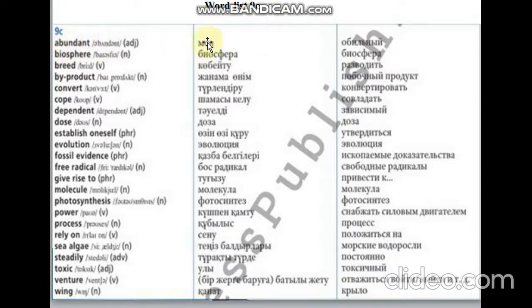Evident, biospheric, breed, byproduct, convert, cope, dependent, dose, establish oneself, evaluation, fossil evidence, free radical, give rise to, molecule, photosynthesis, power, process, religion, steadily, toxins, venture, wing.